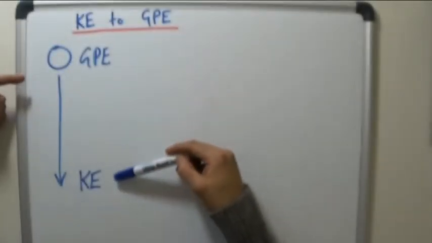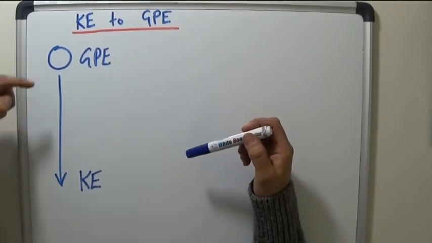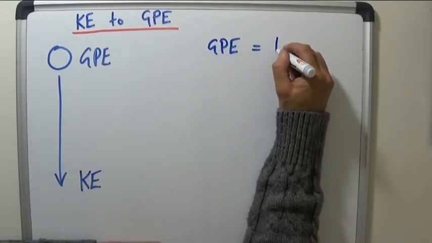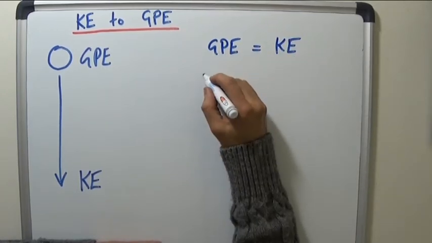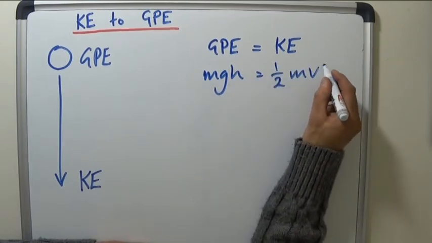But over a small distance, a few meters, we can pretty much assume it's 100% conversion, which means that the gravitational potential energy has turned into, and is equal to, the kinetic energy in its magnitude. That means mgh is equal to a half mv squared.